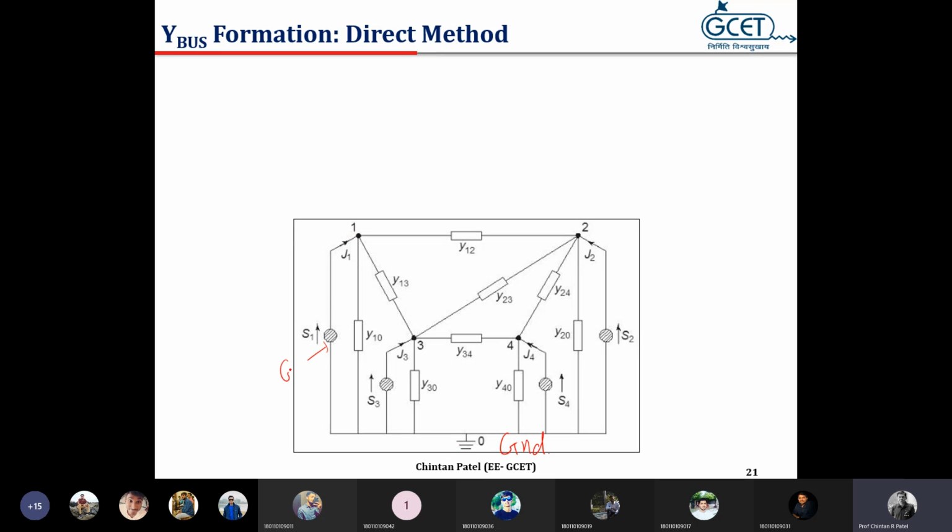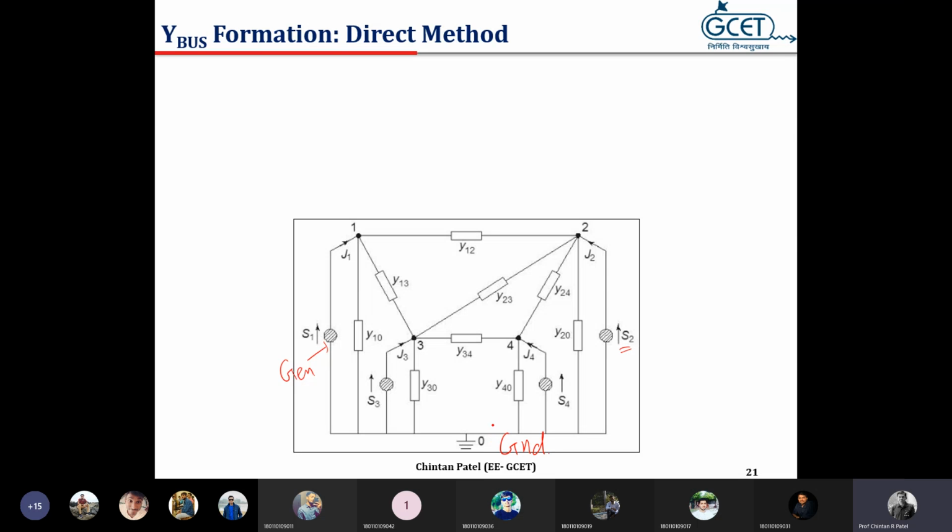So this represents generator. Similarly, bus number 2 is connected with ground, and between ground and bus number 2 there exists source 2, like bus number 3, source 3 and source 4. So these 4 are the connections between bus number 1 and ground, 2 and ground, 3 and ground, 4 and ground, and so on.